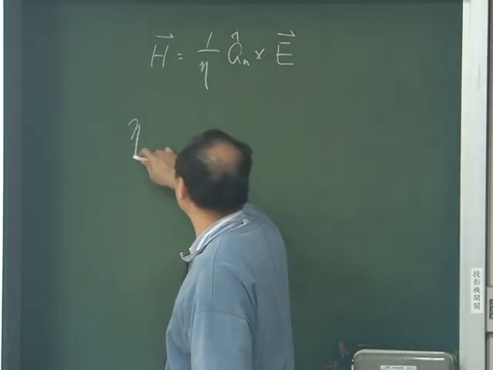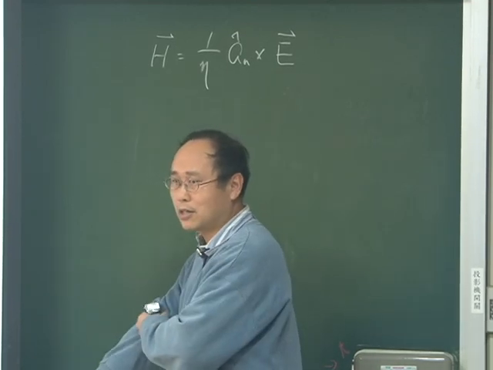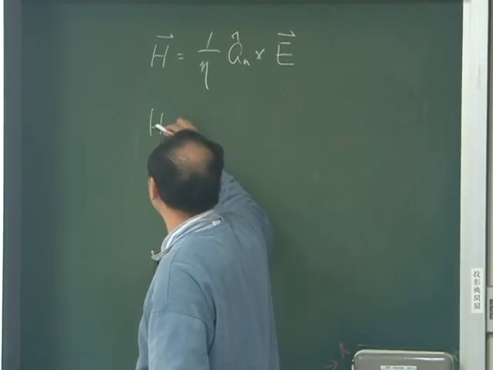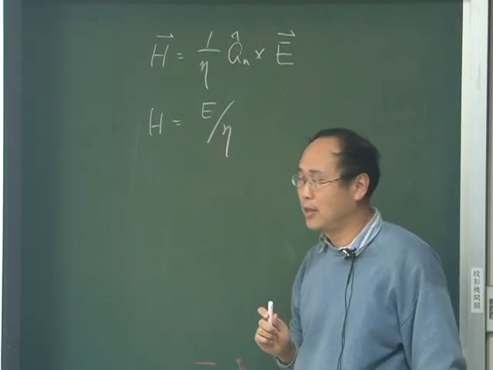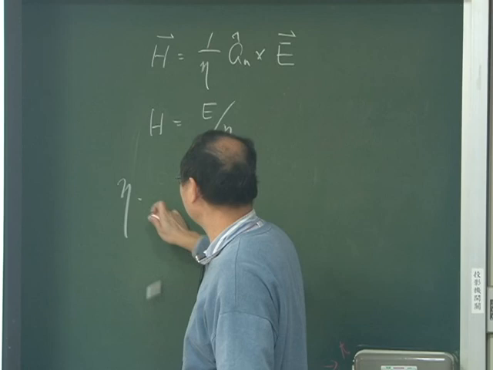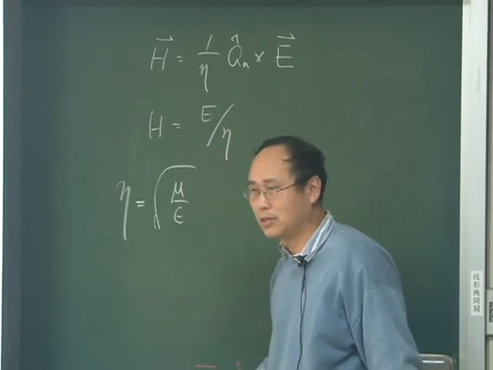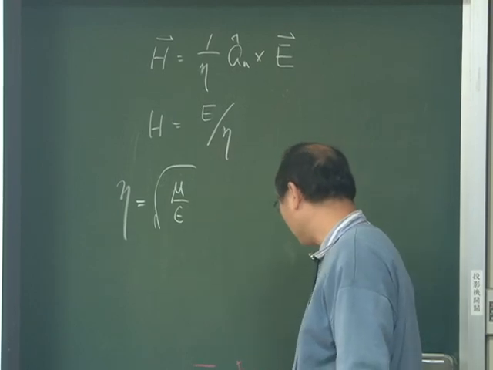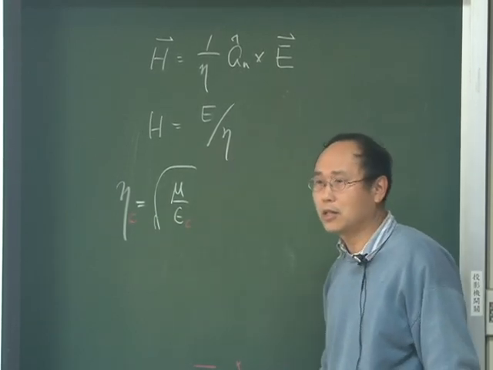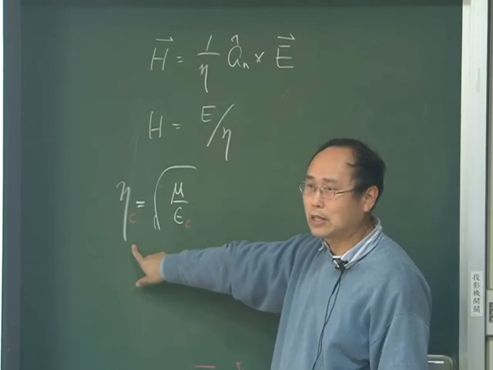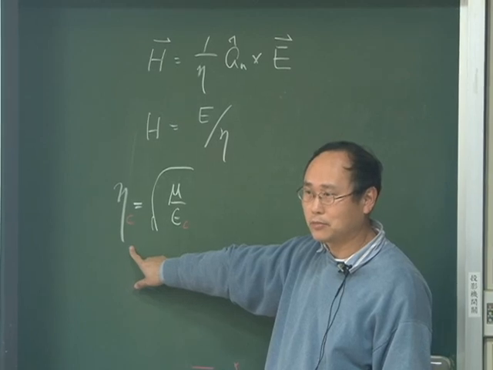This eta, well, in terms of magnitude, if we just consider the magnitude, then this H is equal to E divided by eta. But now your eta is defined to be square root of mu over epsilon. But your epsilon now is a complex number, so let's put c underneath of it. So your wave impedance is also a complex number.